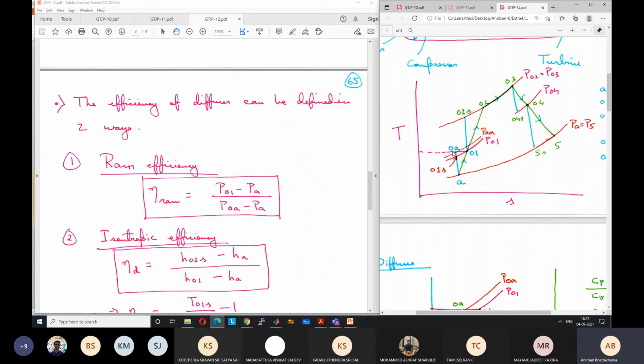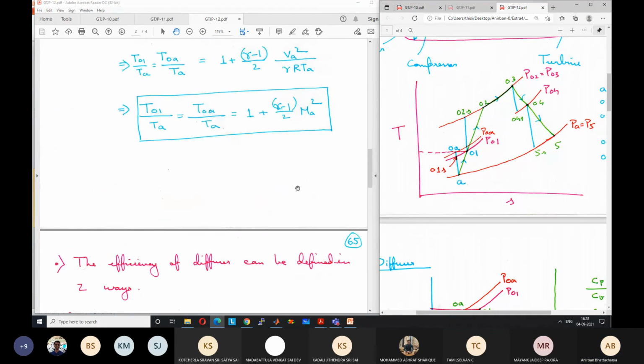Once we find T01, and T0A is known, based on Mach number, what will you do next to find the pressure? We can use the isentropic relation. Yes, correct. It's very simple, right? We can use the isentropic relation.